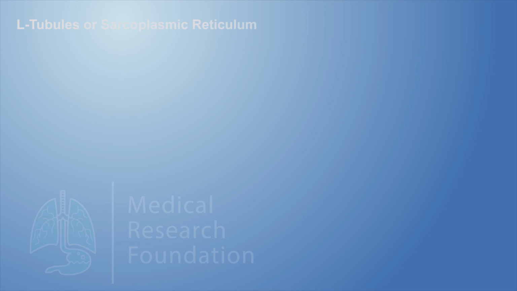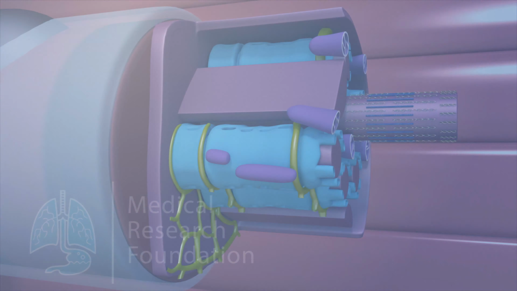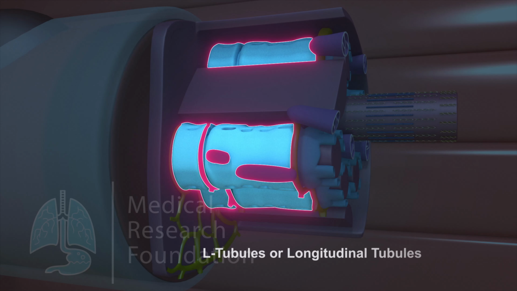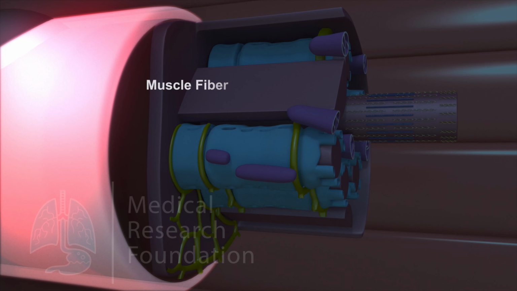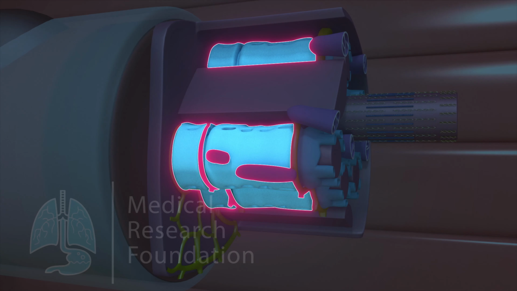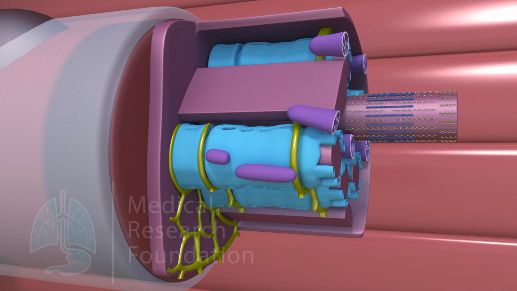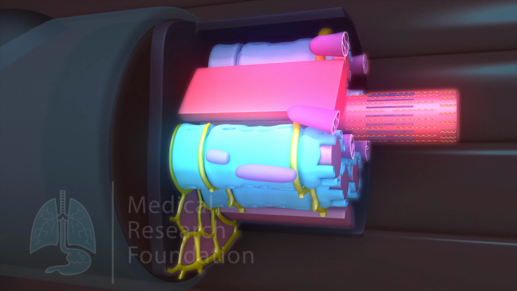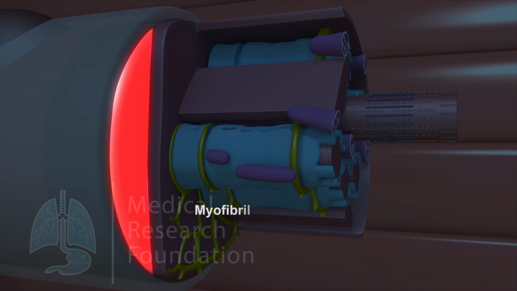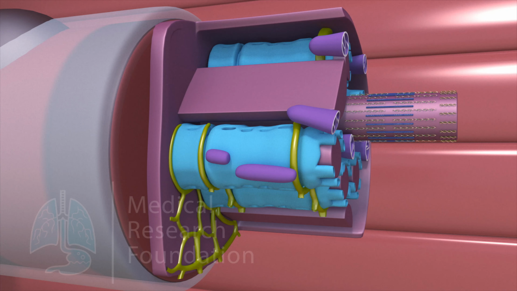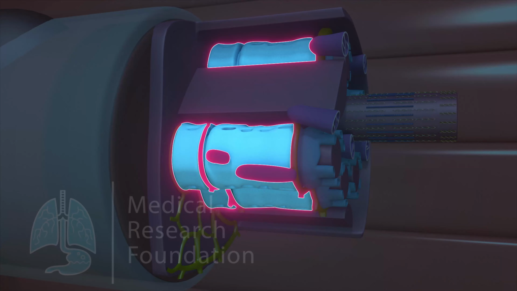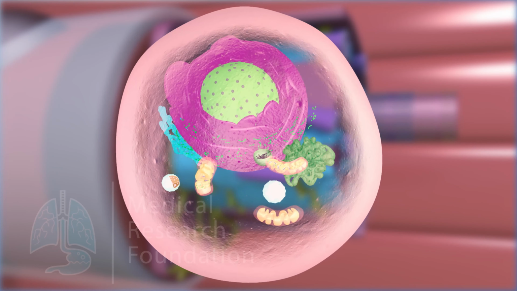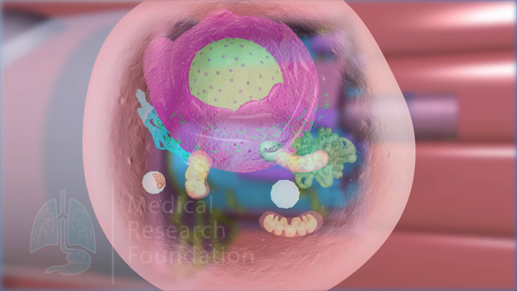L-tubules, or sarcoplasmic reticulum. L-tubules, or longitudinal tubules, are the closed tubules that run in long axis of the muscle fiber, forming sarcoplasmic reticulum. These tubules form a closed tubular system around each myofibril and do not open to exterior like T-tubules. L-tubules correspond to the endoplasmic reticulum of other cells.